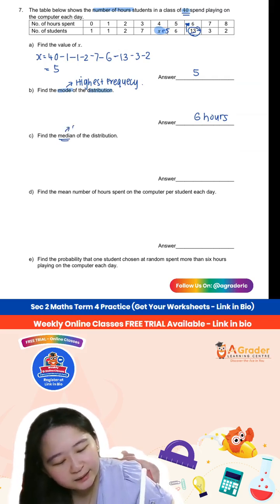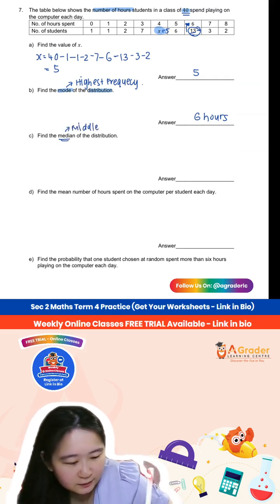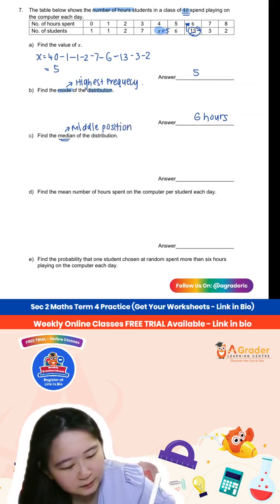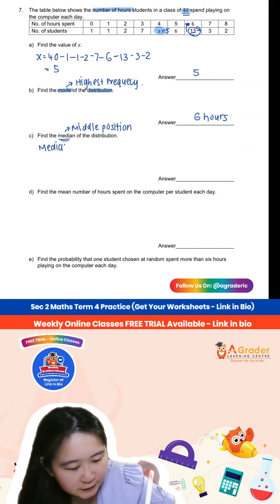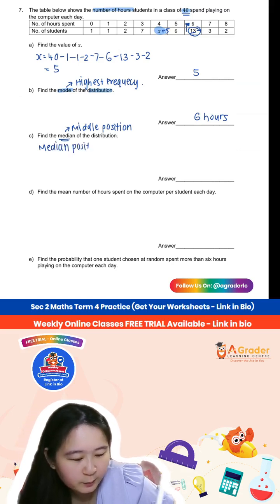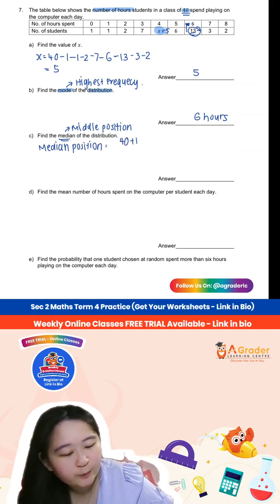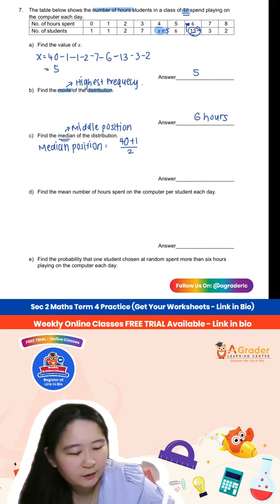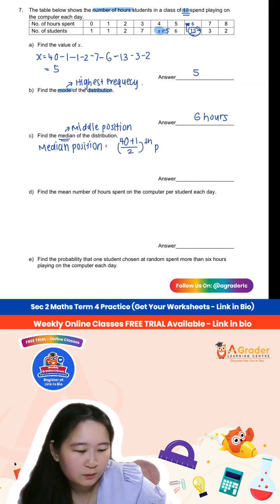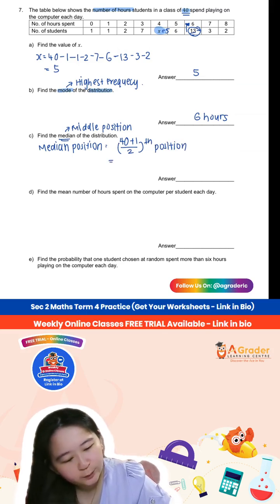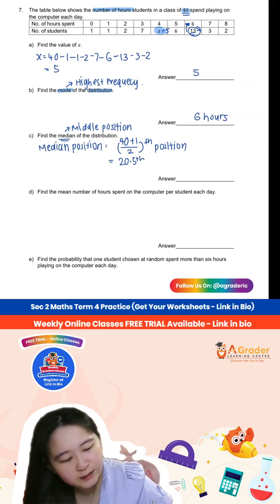Median means I want the middle position. So I have to find the median position first. Remember the formula? Total number of people plus 1 divided by 2. So we'll be looking at 20.5 position.